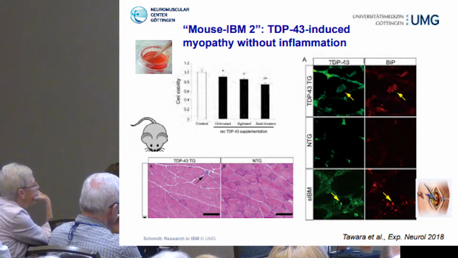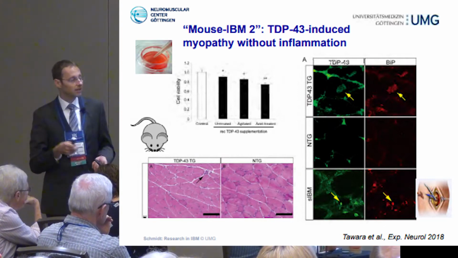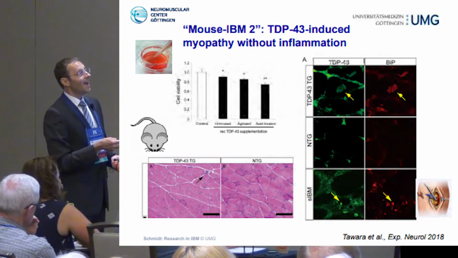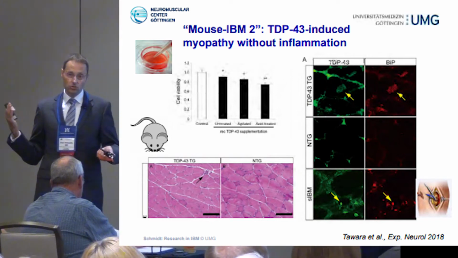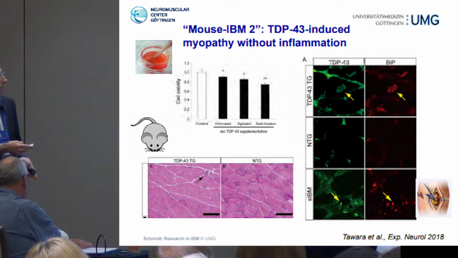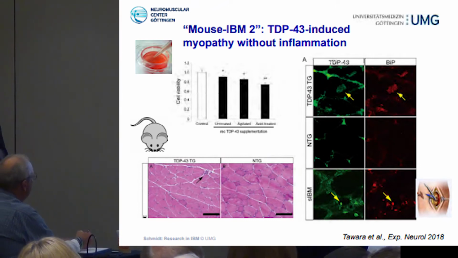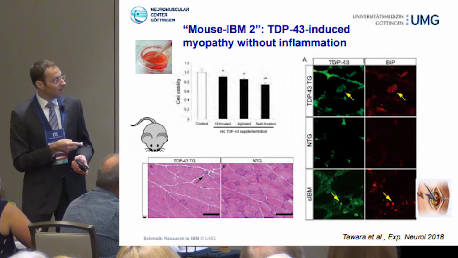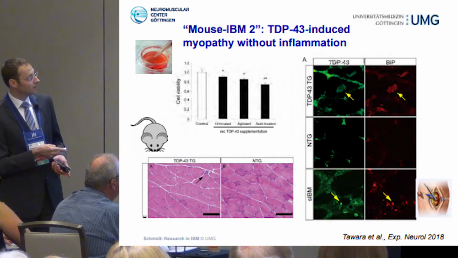there was damage. The mice developed signs of myopathy compared to the normal transgenic. And there was a cell stress response with certain molecules of the endoplasmic reticulum cell stress. This was very nice and very elegantly shown.